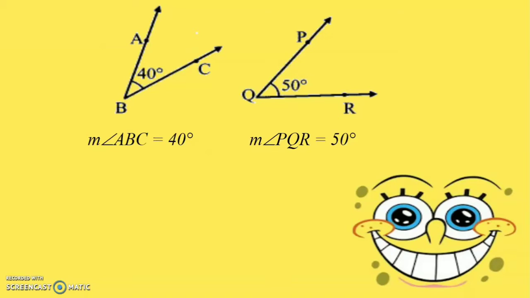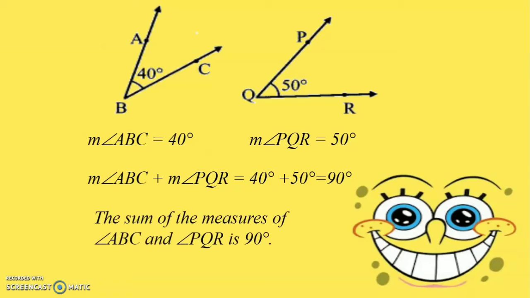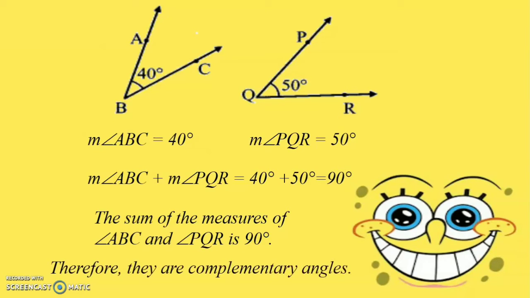When we add measure of angle ABC and measure of angle PQR, that is 40 degrees plus 50 degrees, we get 90 degrees. That is, the sum of measures of angle ABC and angle PQR is 90 degrees. Therefore, they are complementary angles.